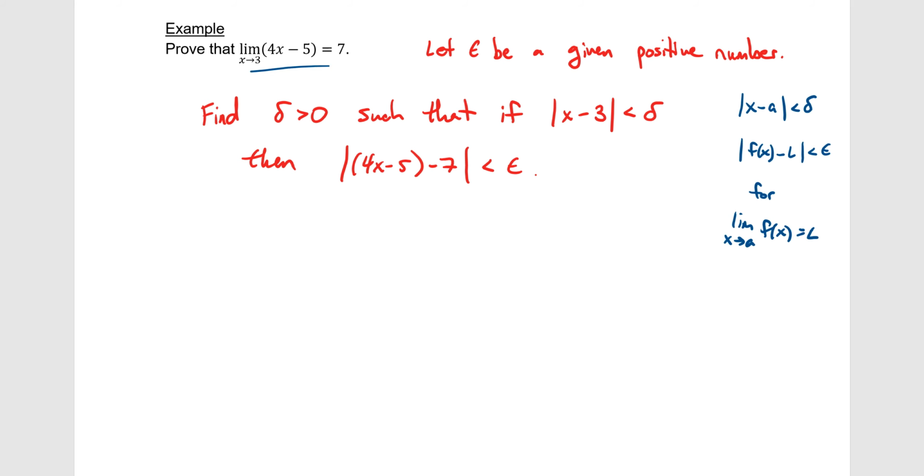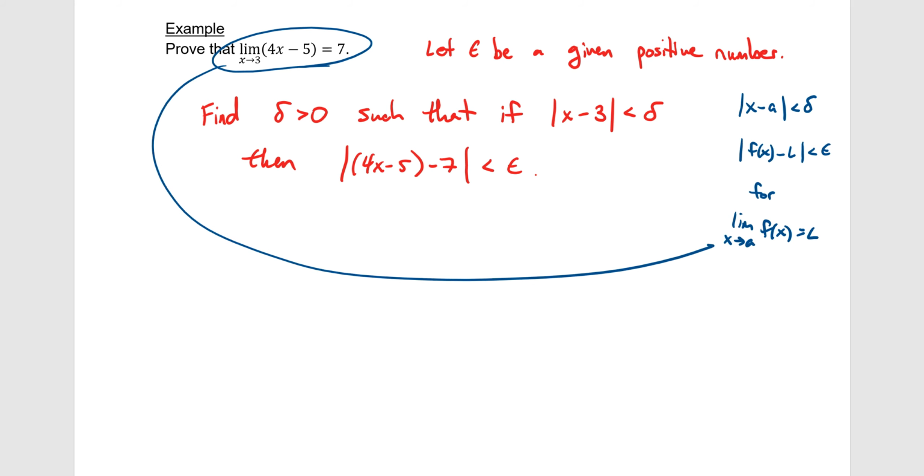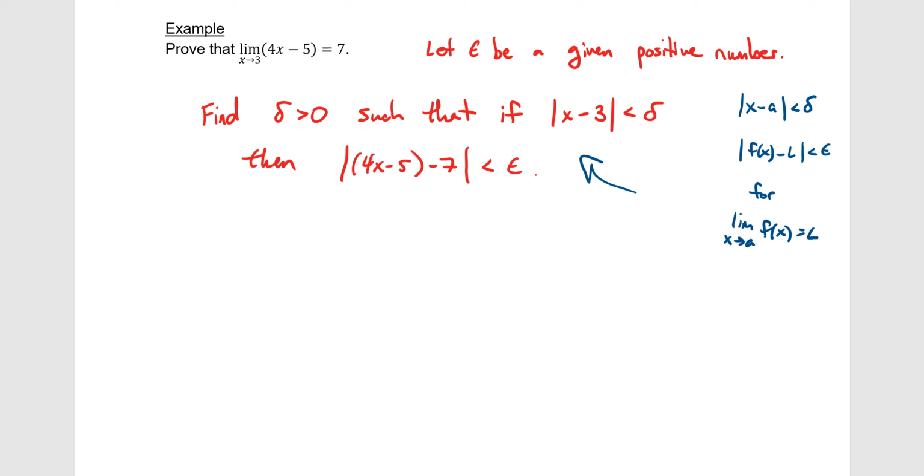All I did was use this question, find out what my a, my f of x, and my L are, and plug them in here. Let me erase that so it's not too much on one page.